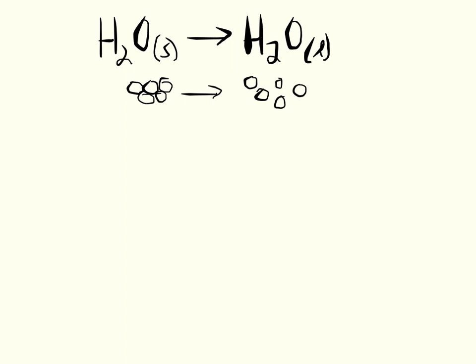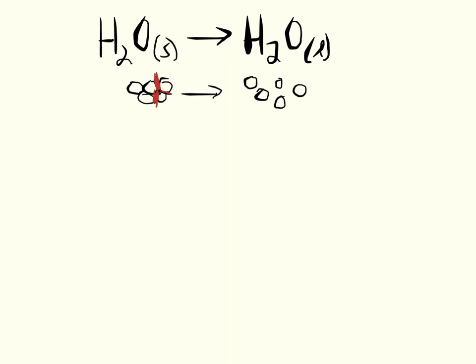That's not going to happen by itself. We're going to have to add some energy for these intermolecular attractions, these forces, to break in order for those H2O molecules to be spread apart. We can measure the enthalpy of that process, the heat required for that process to occur.